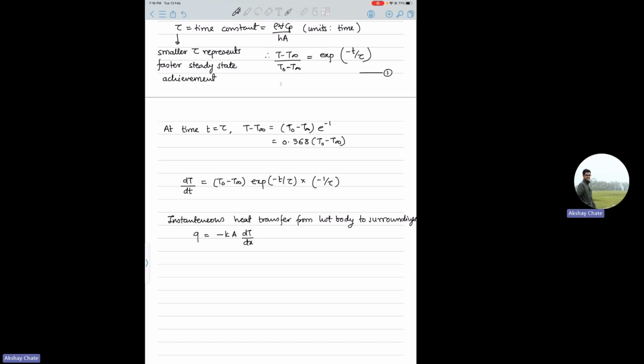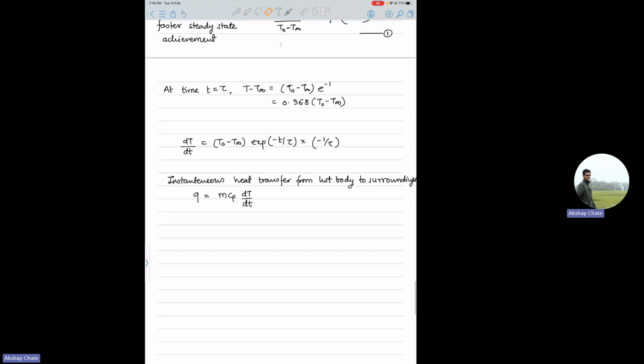Or in this case, we are considering time, so instead of that, you can just write it as m cp dT by dt. Then m cp you can write as rho V cp, rho V being the volume, and then you can get the instantaneous heat transfer.